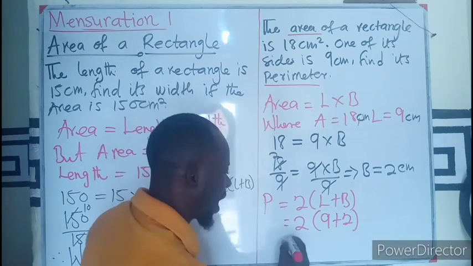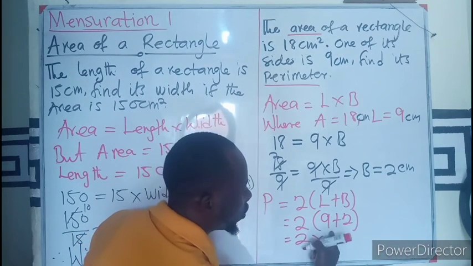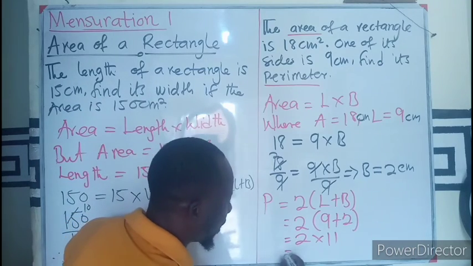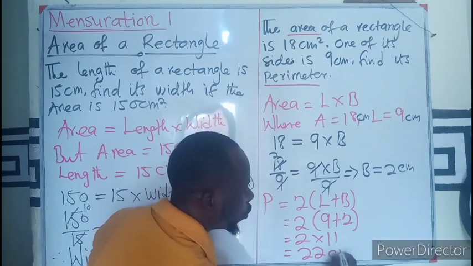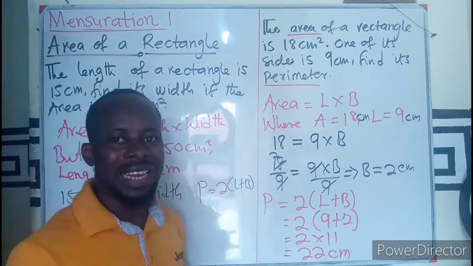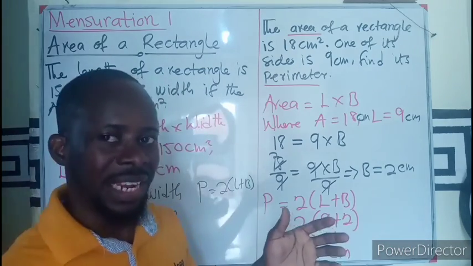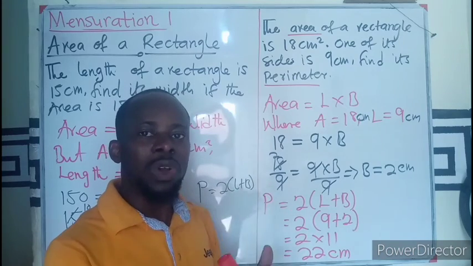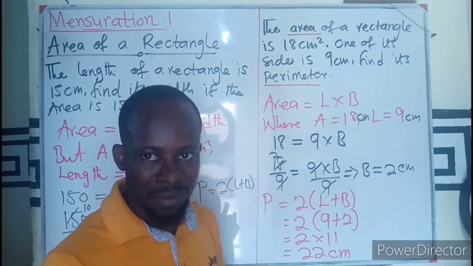In this bracket, we can have 2 times what? 11. And by multiplication, we have 22 centimeter as the perimeter. So you can see that the area and perimeter can also be combined together in a single question.